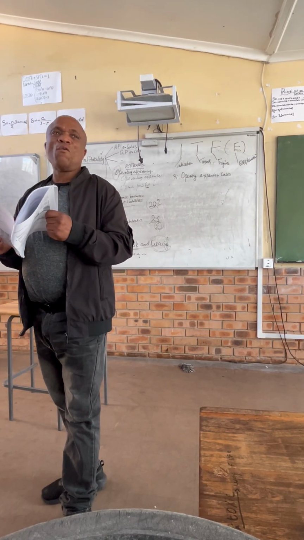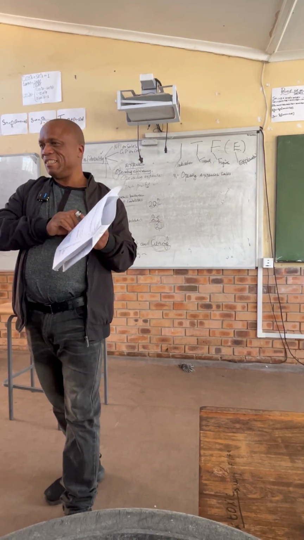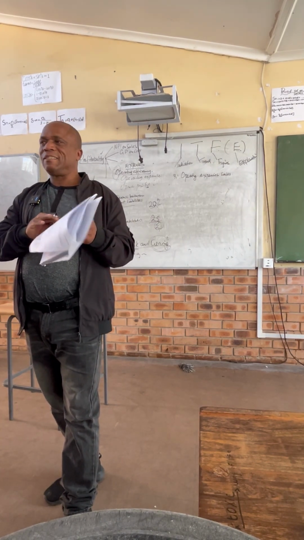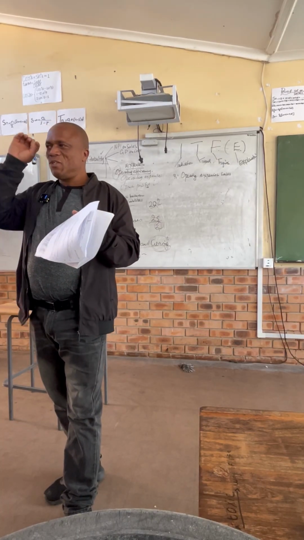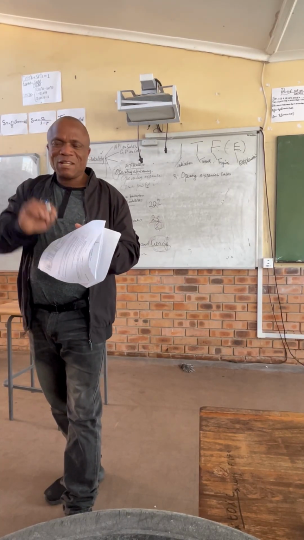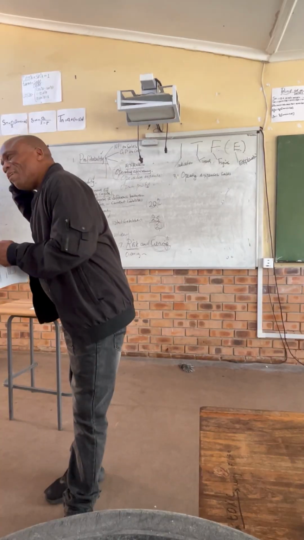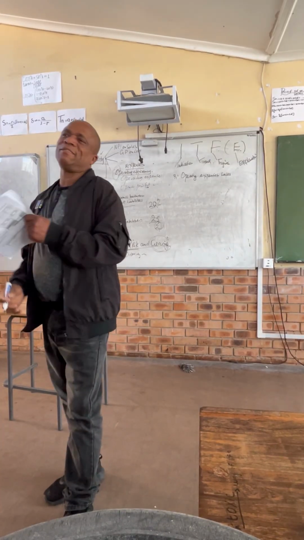They did not say which company. Can you see that? So we must be careful with the questions. For this one, we are going to quote indicators for the one that is managing properly.